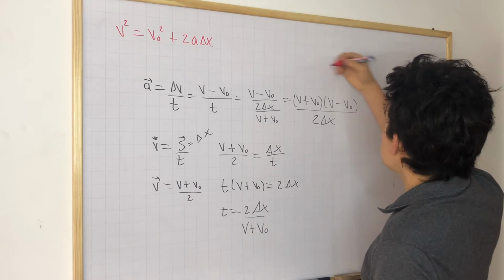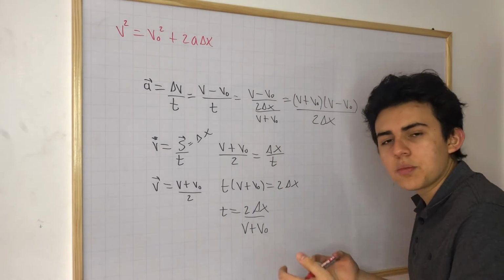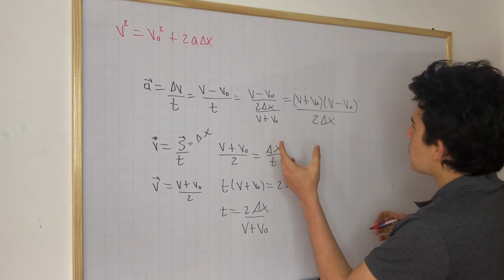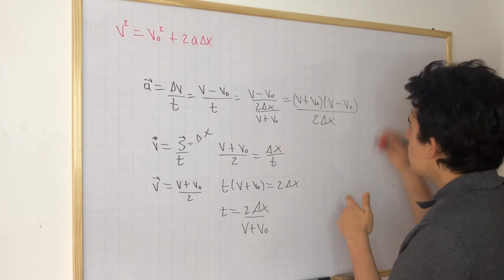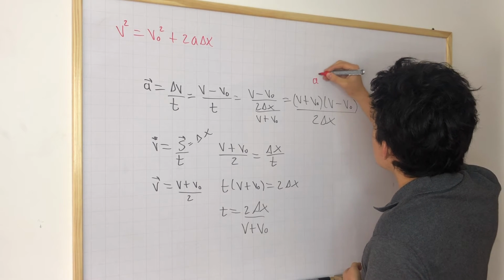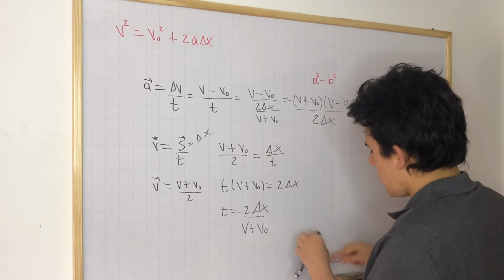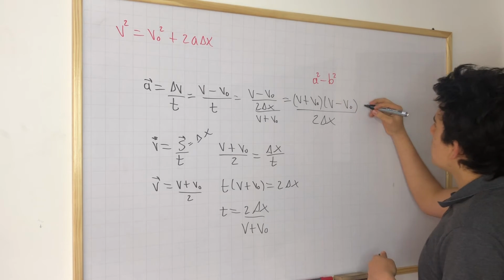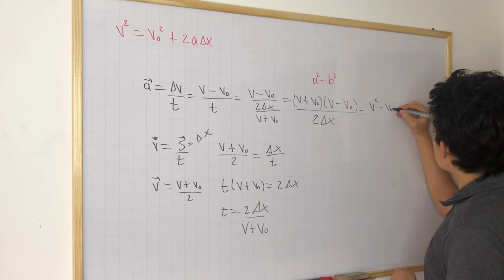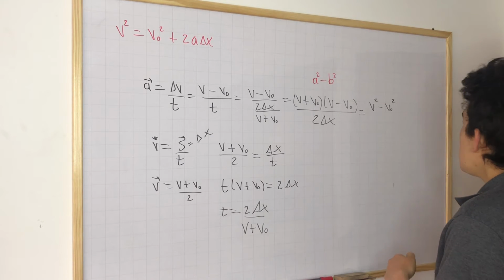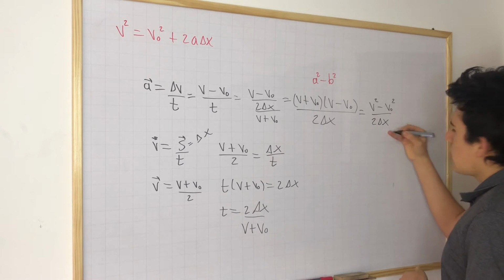It's the same as a minus b times a plus b giving a squared minus b squared: you just multiply the conjugates, switching the sign. I'm not going to FOIL. I'm just going to say that this is v squared minus v naught squared, over 2 delta x.